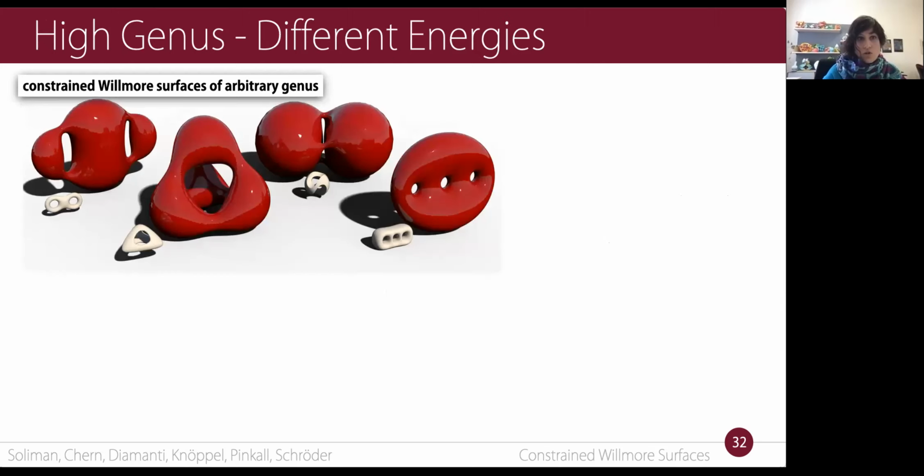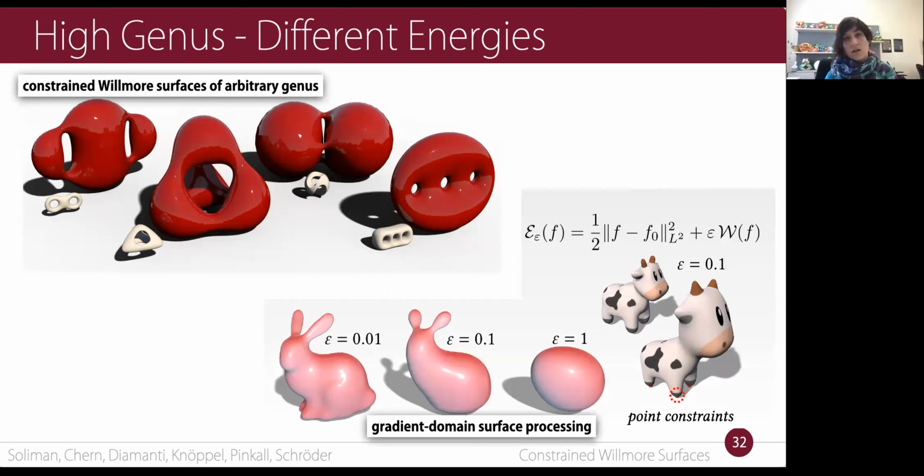So also we can of course do any genus of surface. These are the first high genus constrained Willmore surfaces that have been visualized. And it's also interesting to note that one can use Willmore also for surface fairing if one adds this conformal constraint, because the conformal constraint can preserve textures throughout the fairing. So this is shown on the right here.